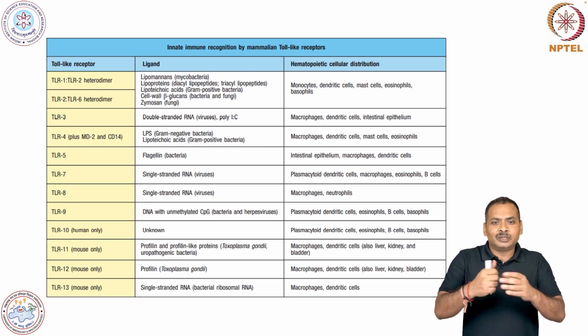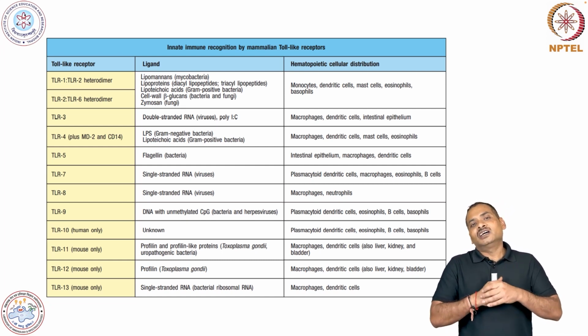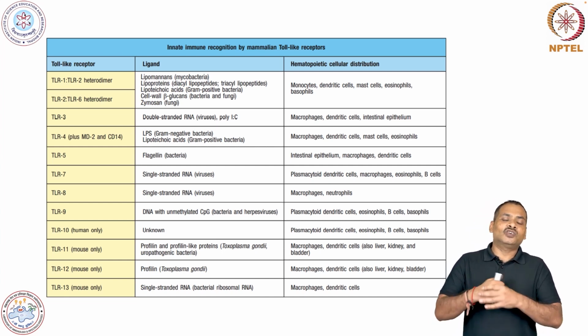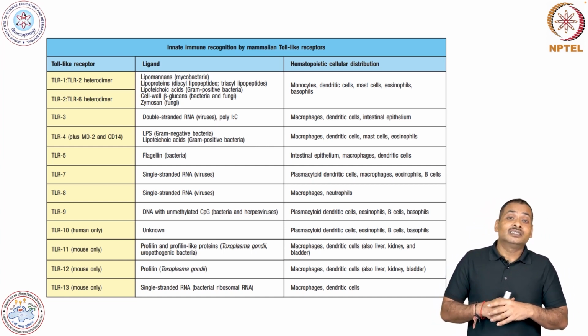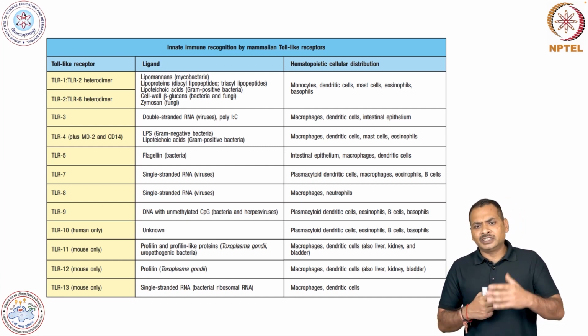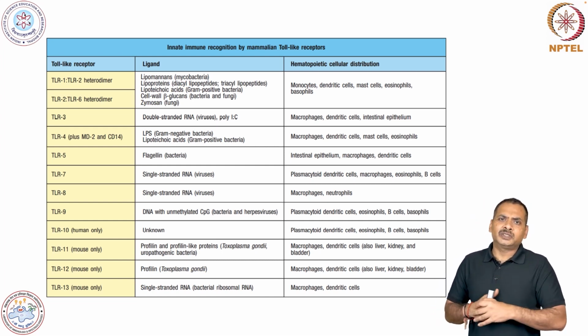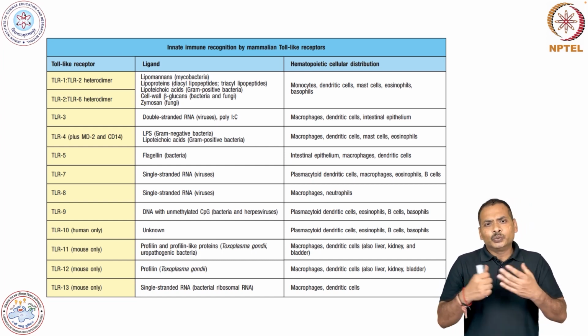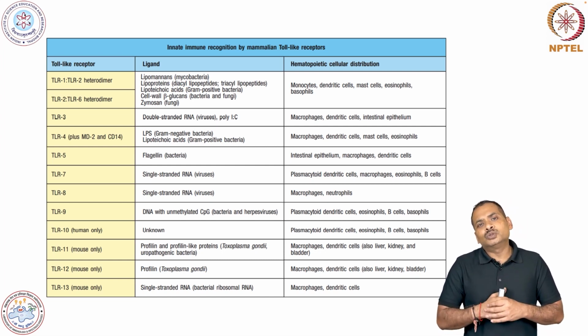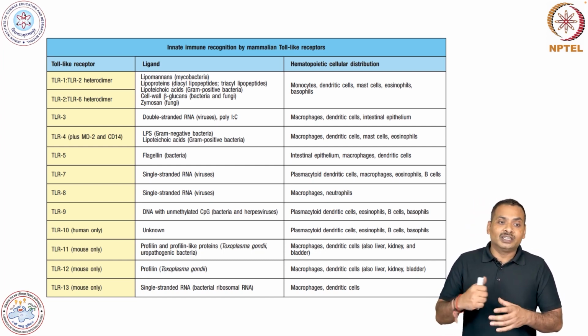If you see this table very carefully, you will notice that most TLRs are expressed in macrophages and dendritic cells, except a few. If you see TLR7, it is not expressed in DCs, rather it is expressed in pDCs, which basically produce a ton of type 1 interferon upon viral infection.